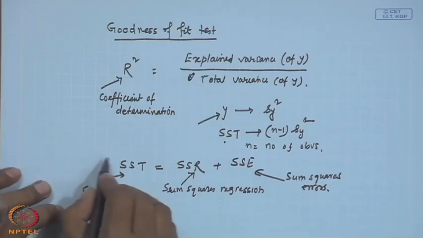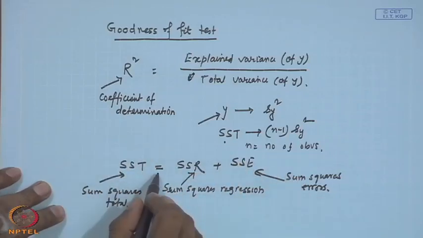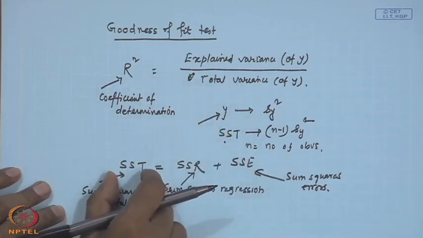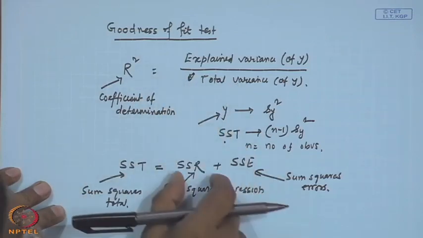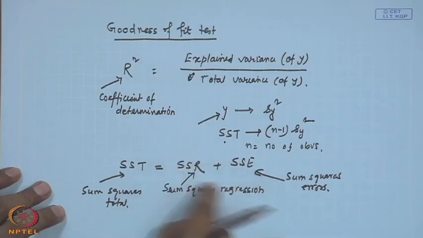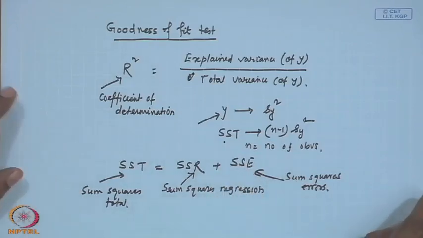All of this relates to the dependent variable. We are talking about SST, sum of squares total for y, and this variability is explained by the regression equation. The explained portion comes under SSR, the unexplained portion comes under SSE. It is similar to the ANOVA we have seen, the same thing.